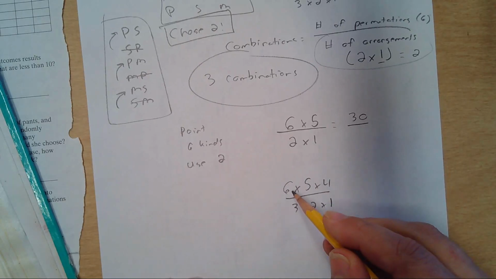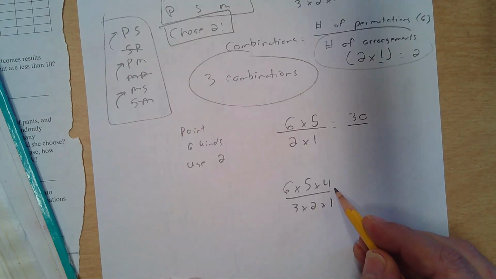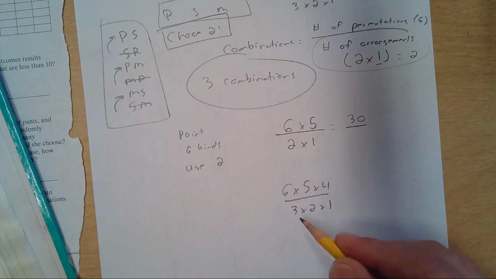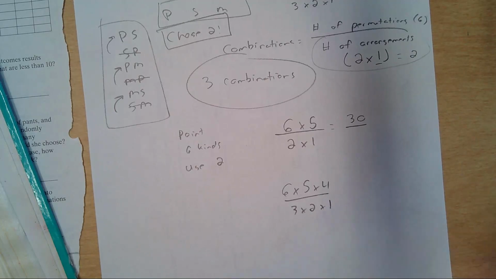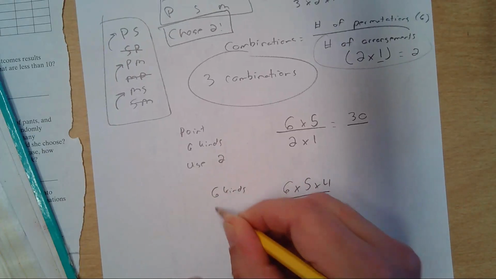Because first paint choice, I got 6 choices. Second paint, I got 5. Third paint, I got 4. And now I got my 3 paints, whatever they may be, but then the order I have them, I already have 3 paints decided at this point. The first of the 3 could be one of 3, the second, and then whatever's left here. So this would be, again, 6 kinds, use 3.